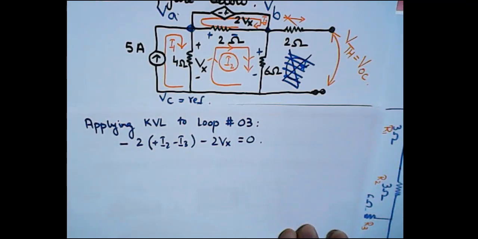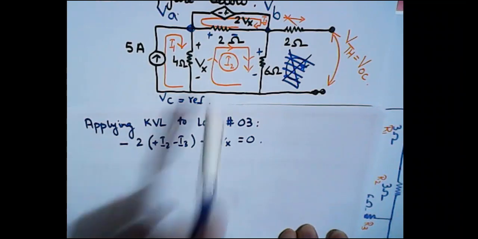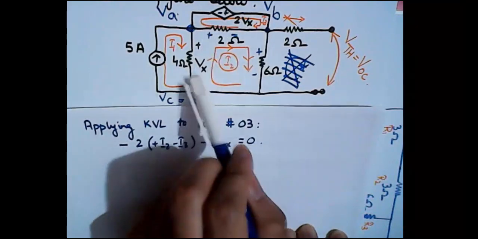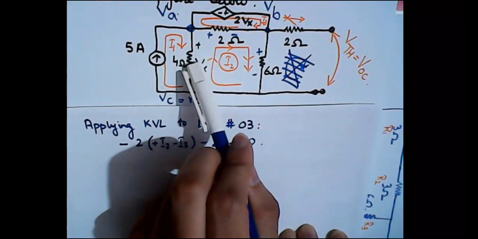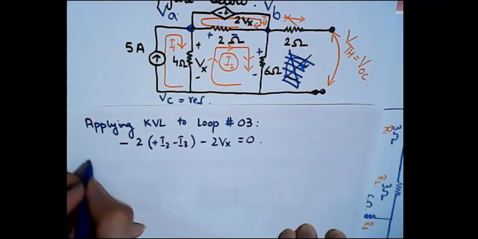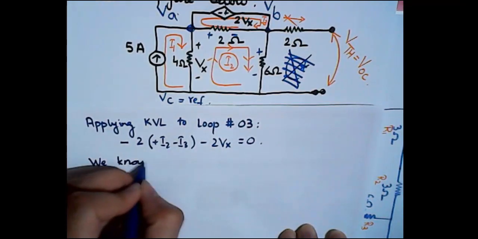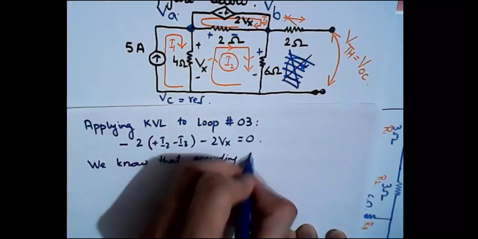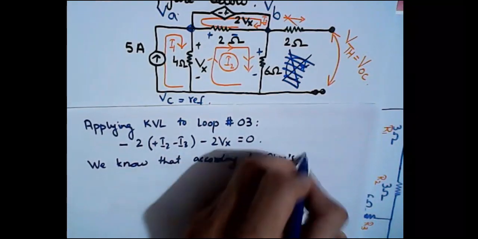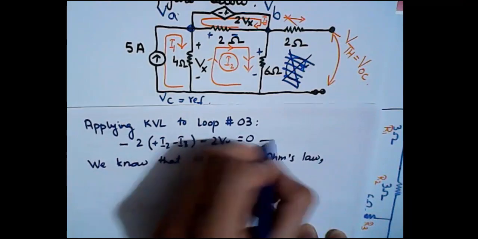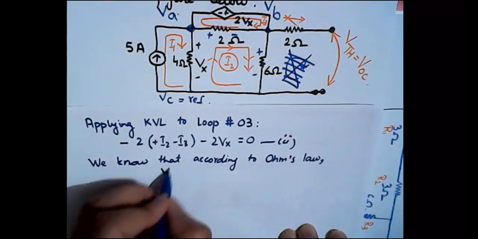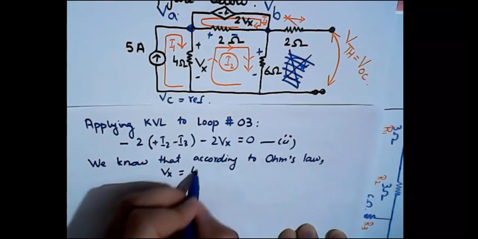So we need to convert Vx into I1, I2 or I3. And how can we do that? Vx is basically the voltage across this source, and this is a dependent source. So Vx is the voltage across the 4 ohm resistance, and according to Ohm's law, let me give this as equation 2, V is equal to IR, which means that Vx will be equal to 4 times the resistance.